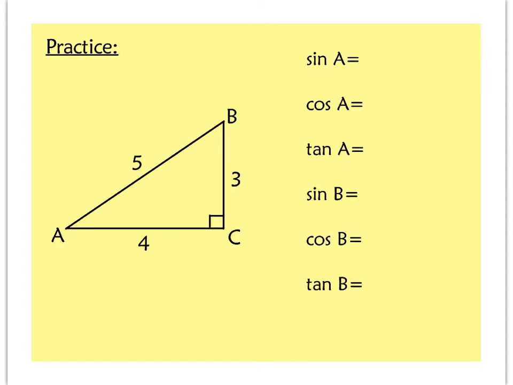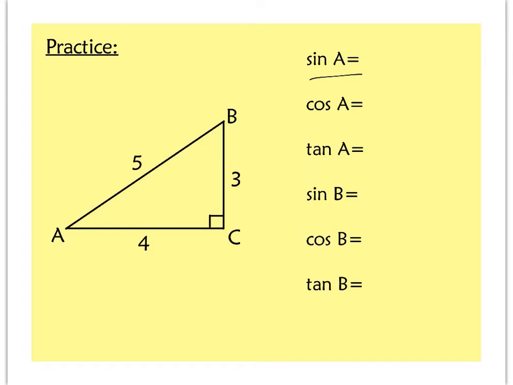So, first one, it wants angle A, and it wants us to use the sine ratio. That's SOH, some old hippie: opposite over hypotenuse. Sine A is opposite over hypotenuse.